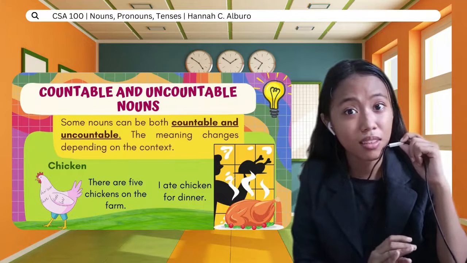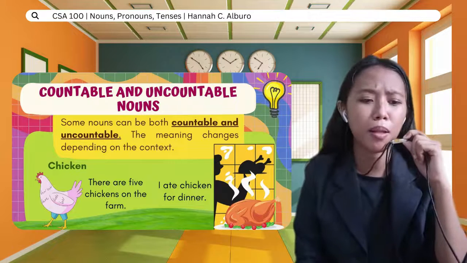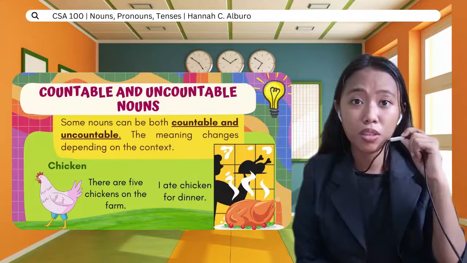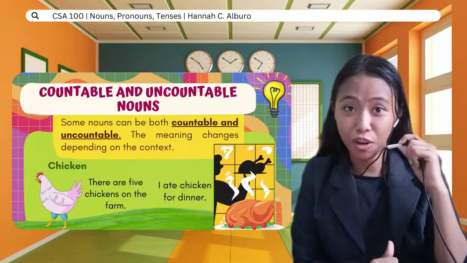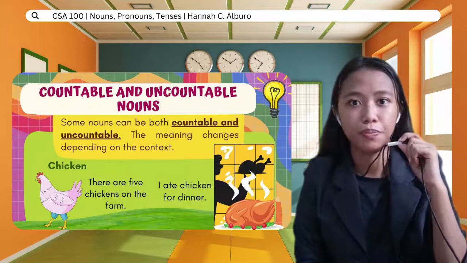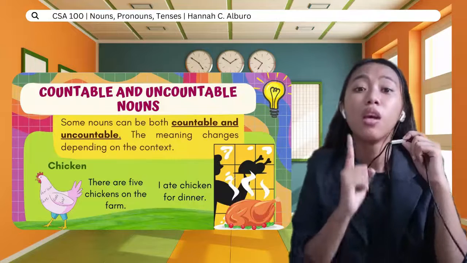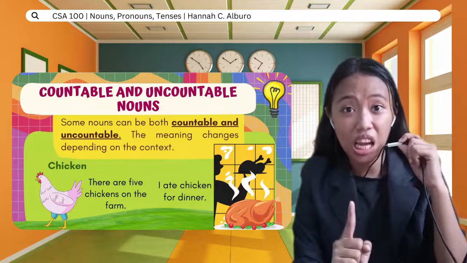It is uncountable na. Why man, ma'am? It is because the word chicken over here functions as a food. Yes, it functions as a food. So food is actually an uncountable noun.